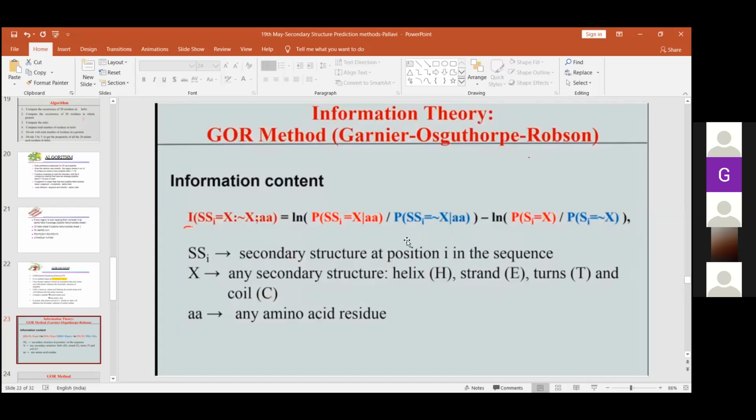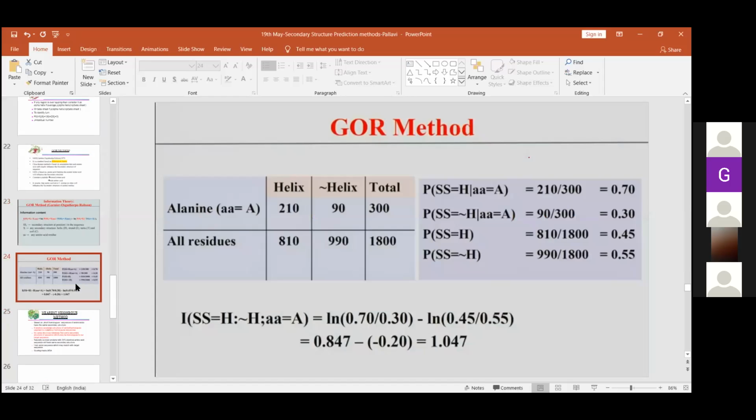First, on the upper side, I have taken the probability of a particular amino acid at position I to be in a specific secondary structure form, divided by the probability of that amino acid at position I to not be in that conformation, over ln of the probability of all the amino acids in that sequence to form that particular secondary structure, divided by the probability of the amino acids to not be in that particular secondary structure. अब ये आपको मैंने फॉर्मूला बता दिया, बट इसको समझाने के लिए समझ में तो आया नहीं होगा जब तक एग्जांपल नहीं दूंगी मैं. Let's see this example.